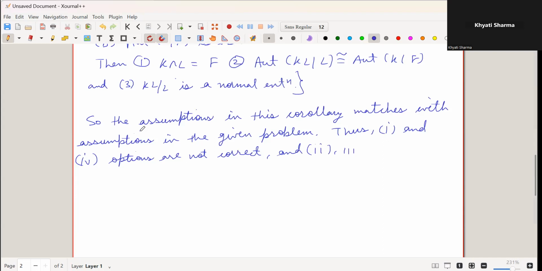This is just a direct consequence of the corollary discussed in the lecture notes, so there is nothing more to be done. We just make use of the corollary.